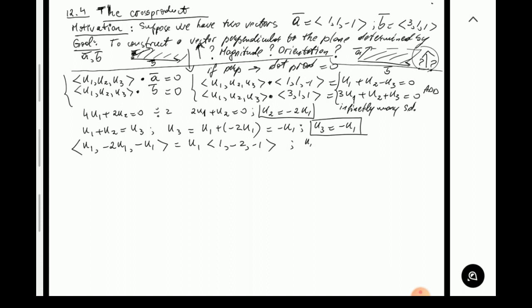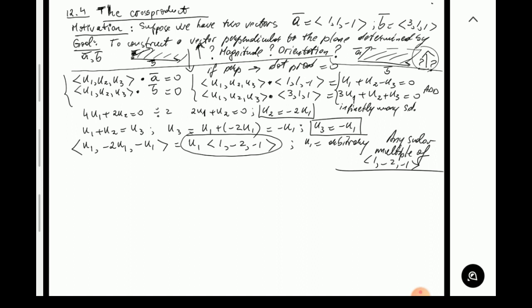So you can take this u1 to be arbitrary. So basically, pick your choice, any scalar multiple of 1, minus 2, minus 1 will serve the purpose of being a vector perpendicular to A and B.